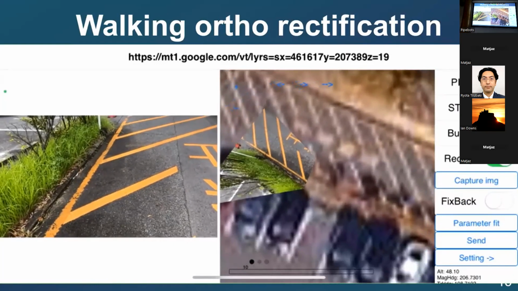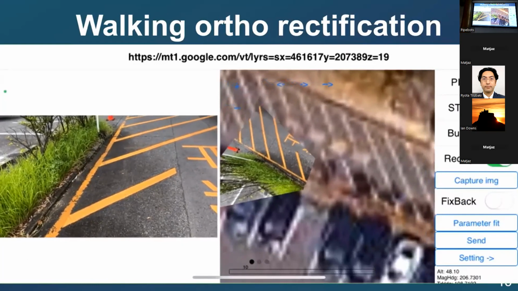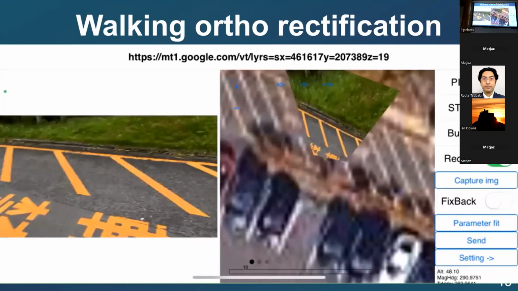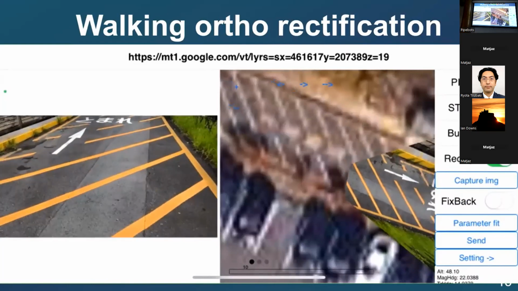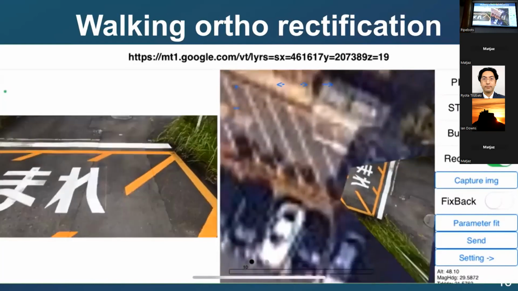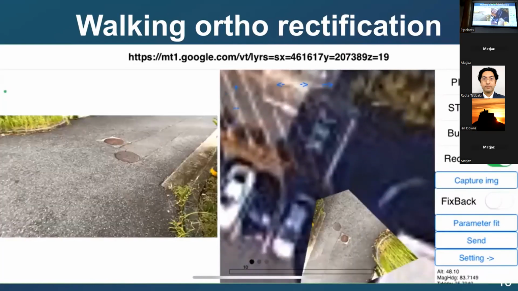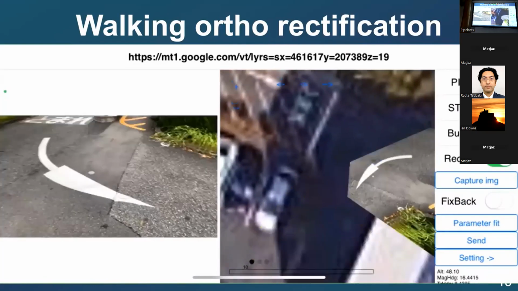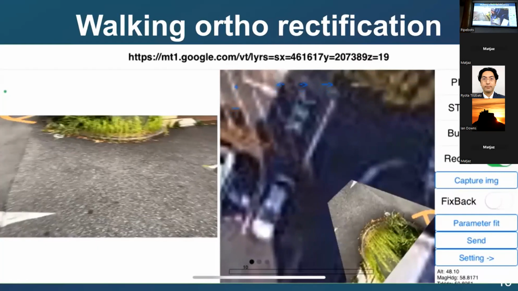So that's one reason for the limited positional matching accuracy. But anyway, walking and changing the direction, we can see the camera image on the left-hand side is well rectified in real time on the right-hand side.